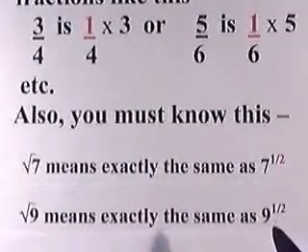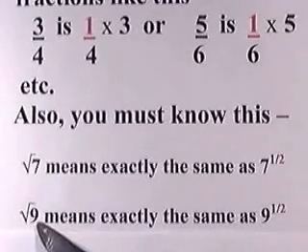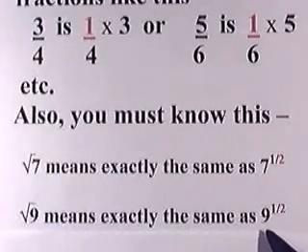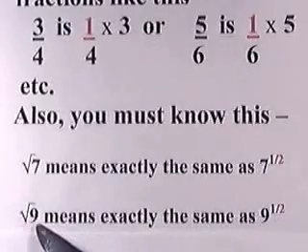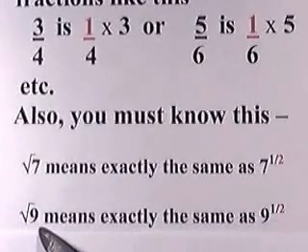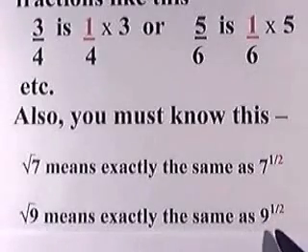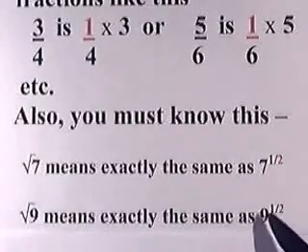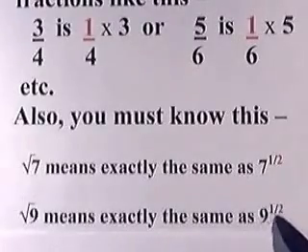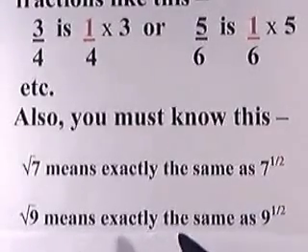So for example, the square root of 9 means exactly the same as 9 to the power of 1/2. Square root of 9 is 3, so 9 to the power of a half is also 3. If you don't believe me, use your calculator, raise 9 to the power of a half, press equals, and you'll see it gets to 3.